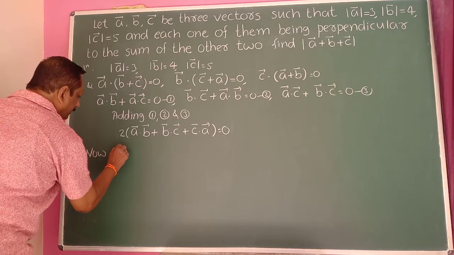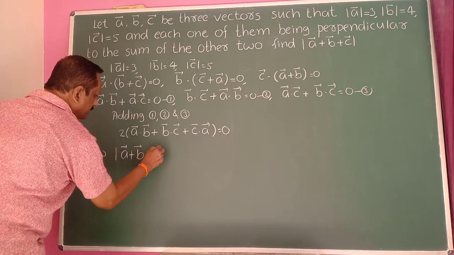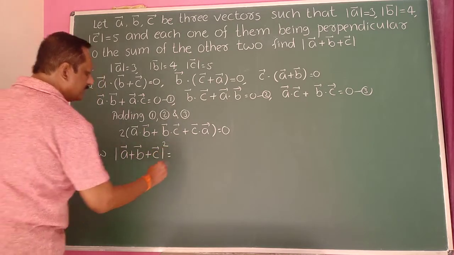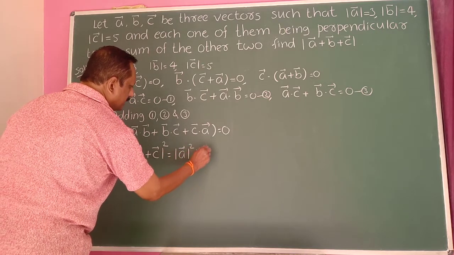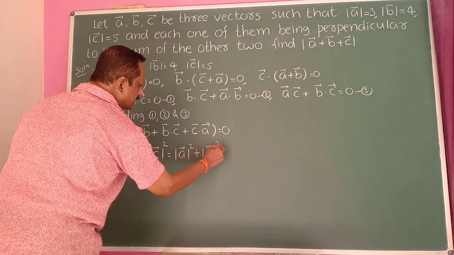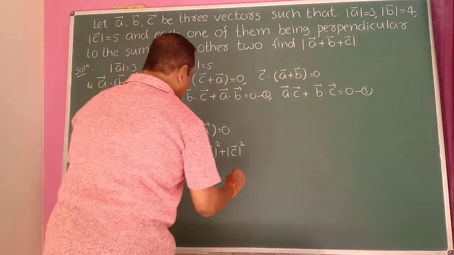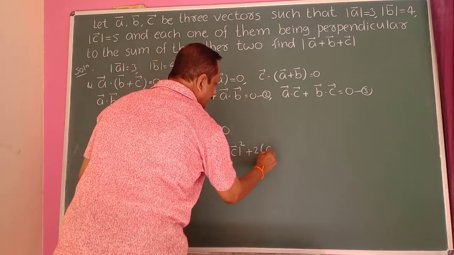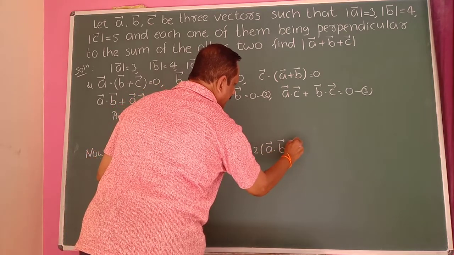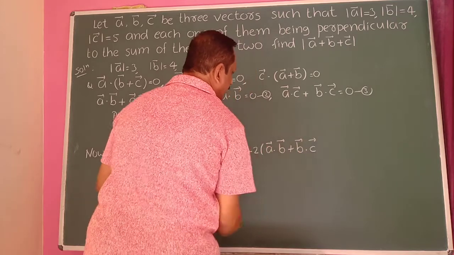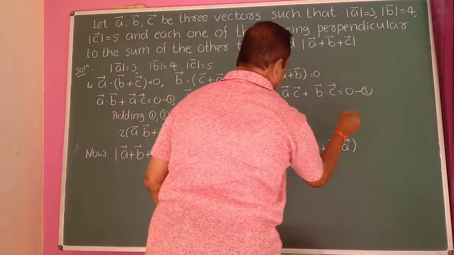modulus of A bar plus B bar plus C bar, squared, is equal to modulus of A bar square plus modulus of B bar square plus modulus of C bar square, plus 2 times A bar dot B bar plus B bar dot C bar plus C bar dot A bar.